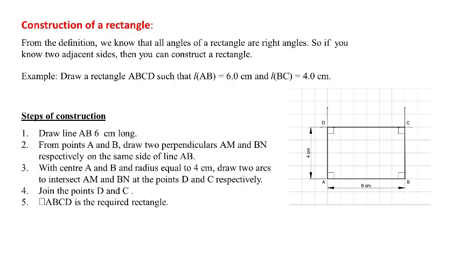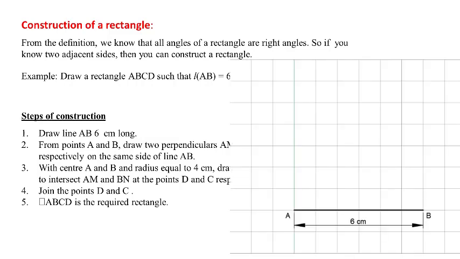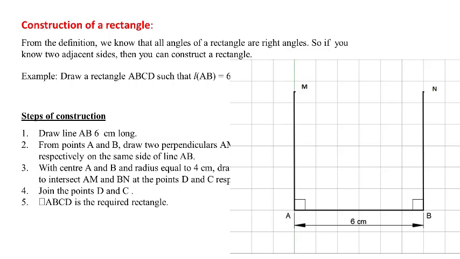The first step is draw a line segment AB of 6 cm length. Then second step is from point A and B, draw two perpendiculars AM and BN respectively on the same side of the line AB using a protractor.